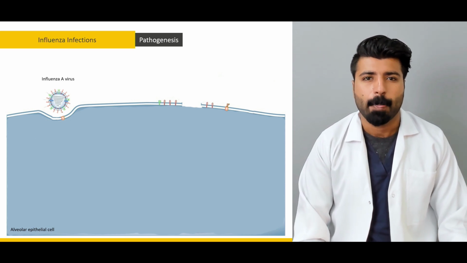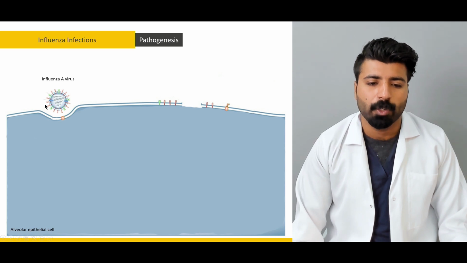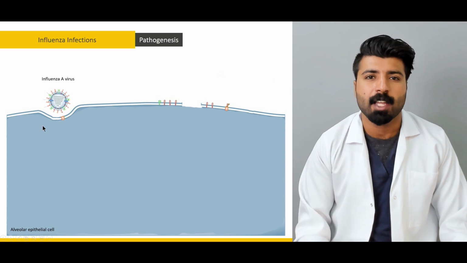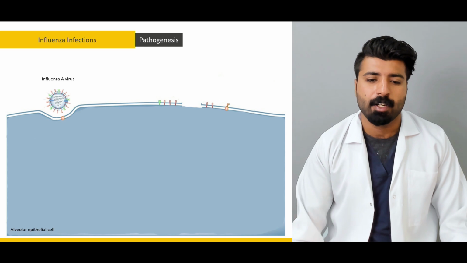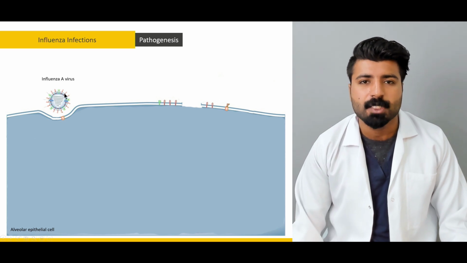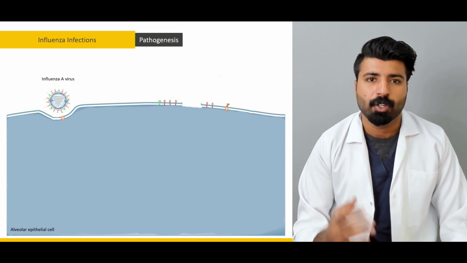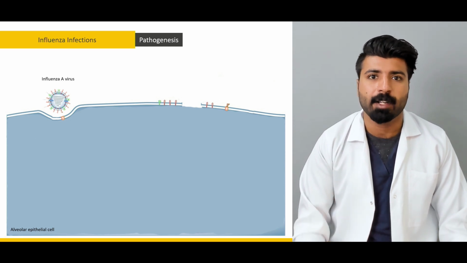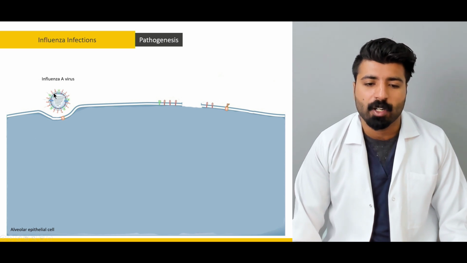What's their function? All of these green ones you can see are hemagglutinin spikes. Hemagglutinin spikes help in invading the cell. And neuraminidase, these red ones, helps to escape the cell. We're going to talk about how they make this happen so that we can understand why it's called influenza A virus.